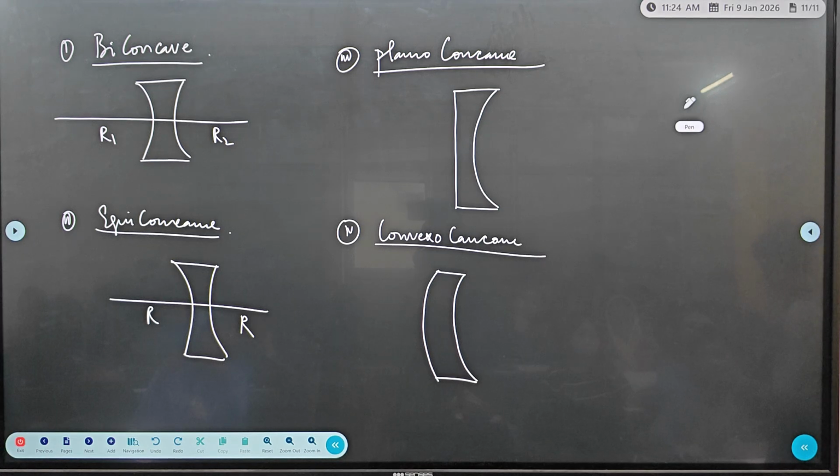One side will have a radius of curvature, and the other, since it is plane, the focal length needs to be infinite.